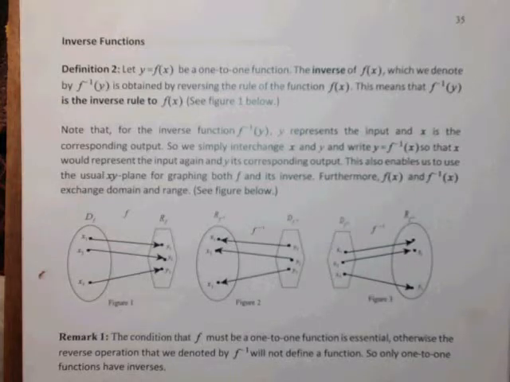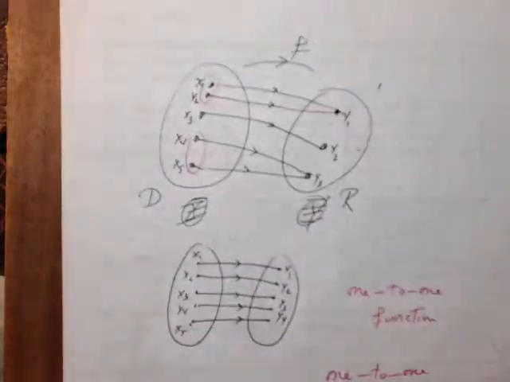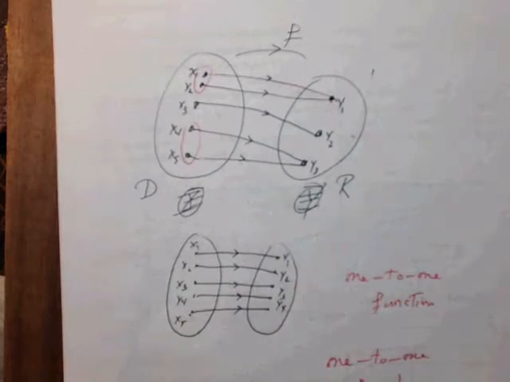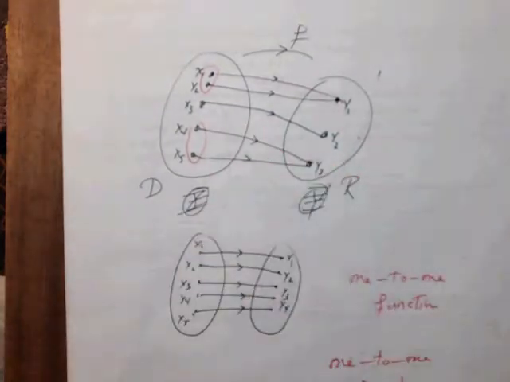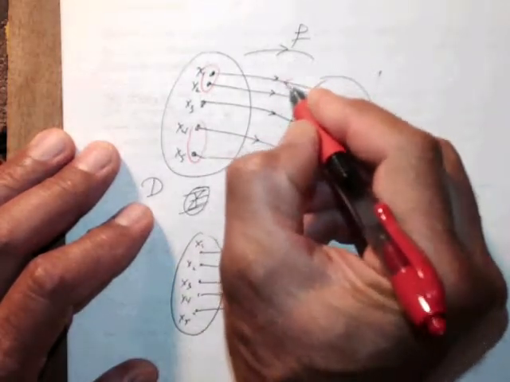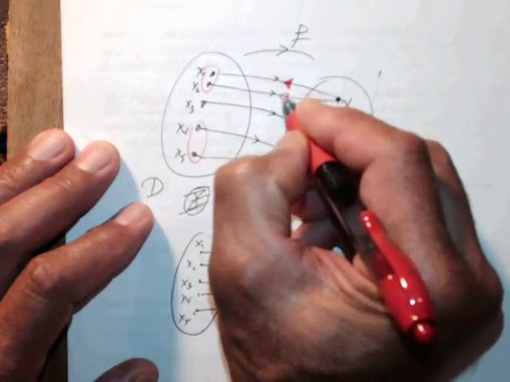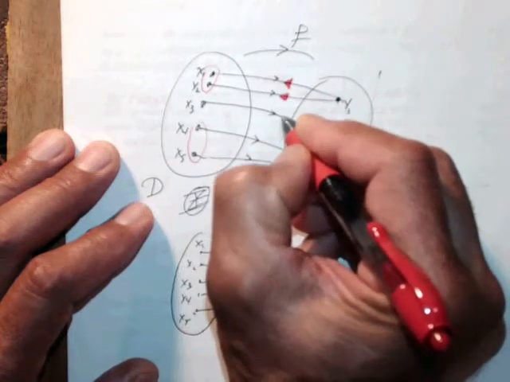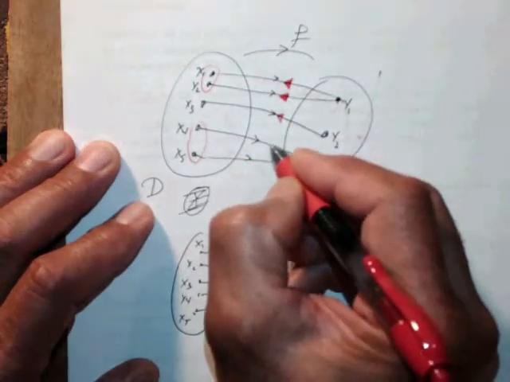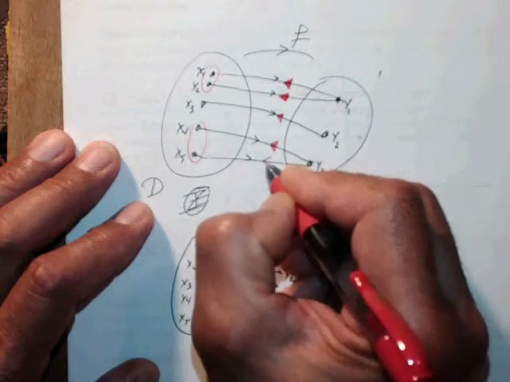Let me go back to this picture. Actually, this is a function here, right? So how do I undo this? I undo this if I reverse these arrows. What happens here now is that your y's are the input and x's are the output.